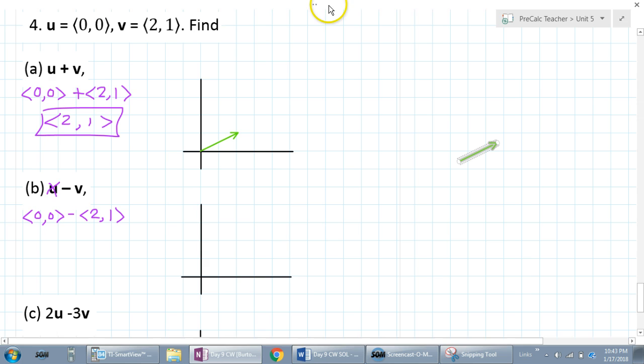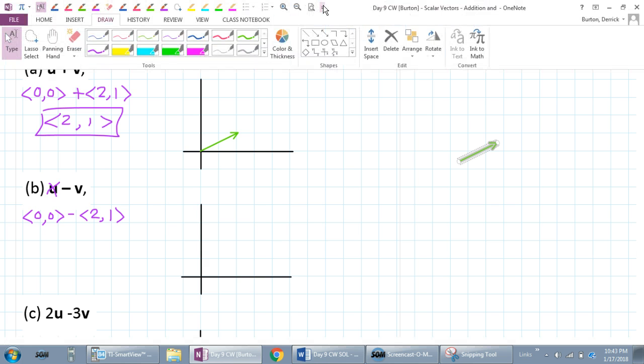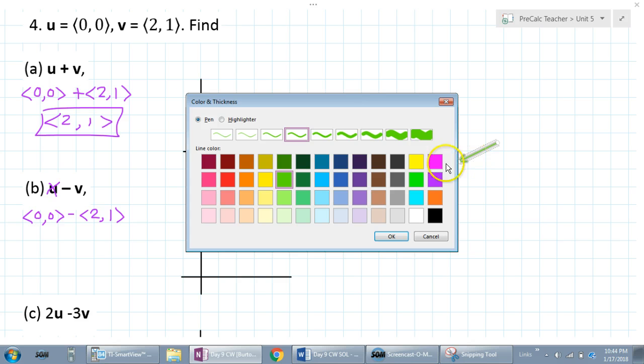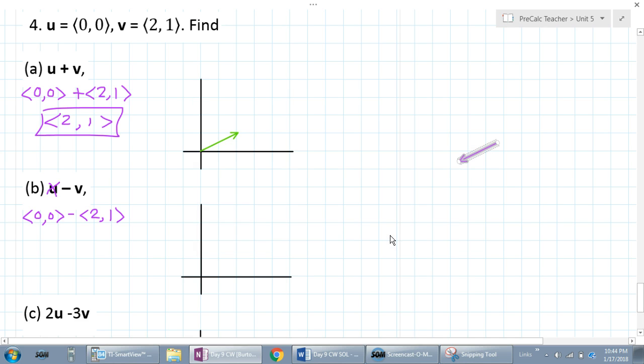And I can do that digitally by rotating. So, here I am under the draw menu, and I'm just going to rotate 90 degrees twice. And now I have the opposite of vector v. So in fact, I think I should change the color to purple. That's what I use when I have the opposite of a vector.